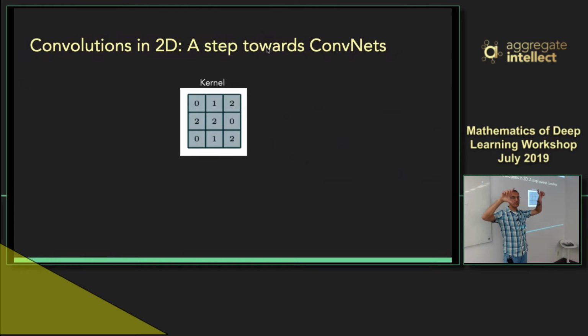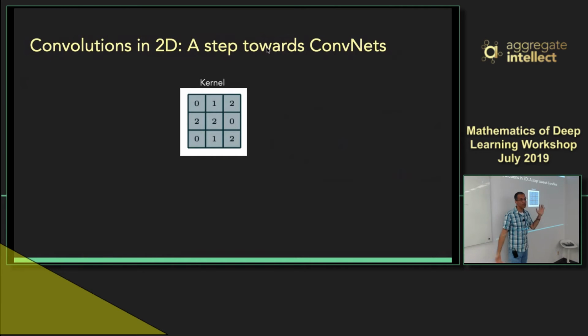So usually we deal with 2-dimensional matrices. And to make it very easy, let's just assume that the 2-dimensional matrix is an image that we want to work with. Now, for a 2-dimensional matrix, we usually deal with 2-dimensional kernels. And kernels in 2 dimensions are matrices with some numbers in them, similar to what we saw in 1 dimension.